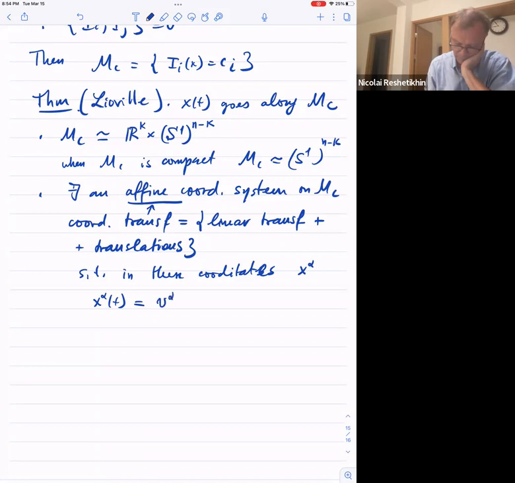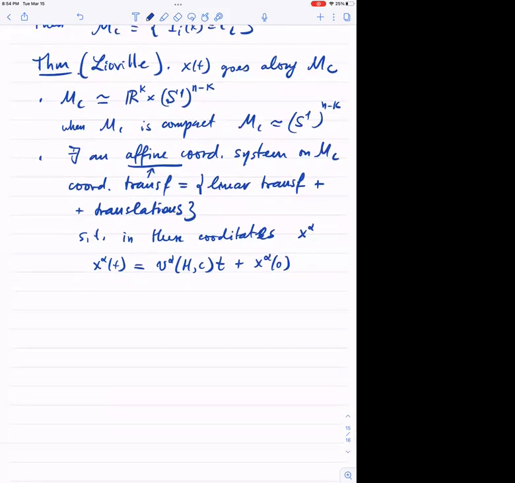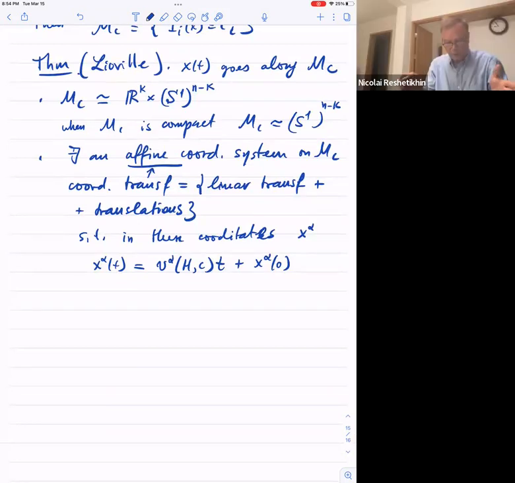It's v_alpha, which depends on the Hamiltonian on c, times t, plus x_alpha at 0. So topologically and geometrically, it's very simple dynamics in this case.